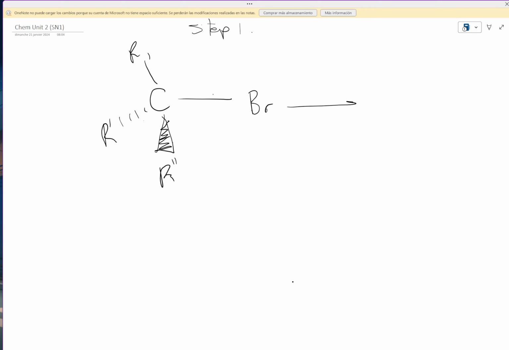We're going to have the heterolytic cleavage of this bond because bromine is more electronegative than carbon, and the creation of that tertiary carbocation. Okay, so let's just draw this out.